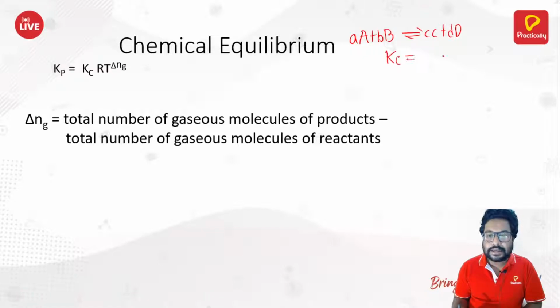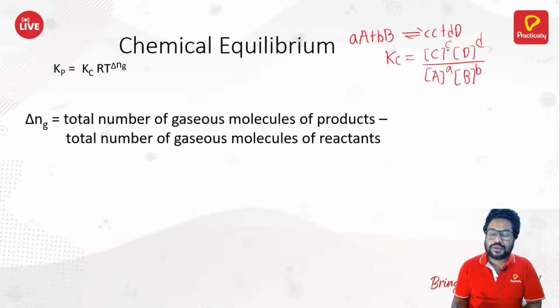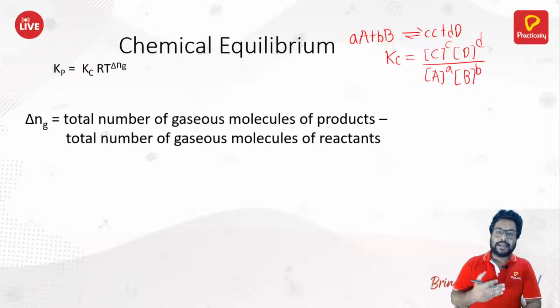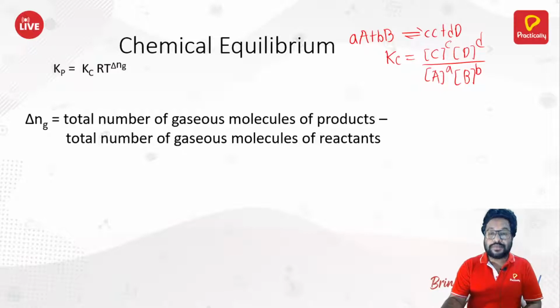Kc is equal to [C] raised to c times [D] raised to d, divided by [A] raised to a times [B] raised to b. So basically your Kc, or equilibrium constant, is the ratio of the product of concentrations of products to the product of concentrations of reactants, with each concentration term raised to its stoichiometric coefficient in the balanced chemical equation. That is what Kc is.